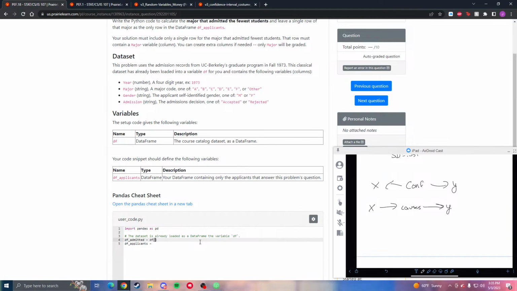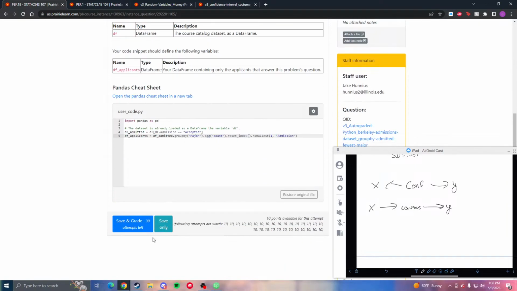So it's going to be df at df dot admission accepted, and then df admitted dot group by major. We're aggregating by the count. And then it's just going to be dot n smallest one and the column of admission.